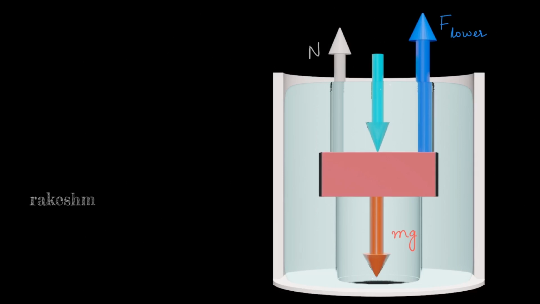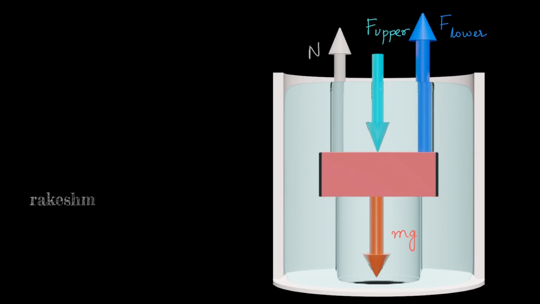Next, the force due to this liquid on the block on its lower surface. There is some pressure here, and due to that there is a force on this block in the upward direction, and we will write this as F lower. The liquid exerts a force on the lower surface of the block, acting in the upward direction.